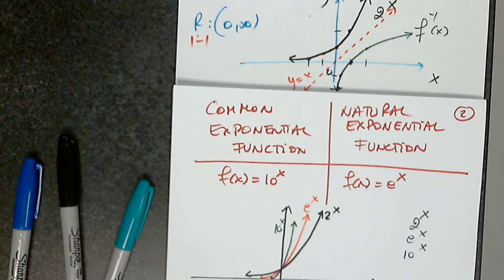So I have blue, I have red, and black. I go to zoom. I will use this 6, the standard viewing window. Here it comes. This is 2 to the x. Here's e to the x in red. And here comes 10 to the x, even closer to the y-axis. The higher the base, the closer to the y-axis. Okay?